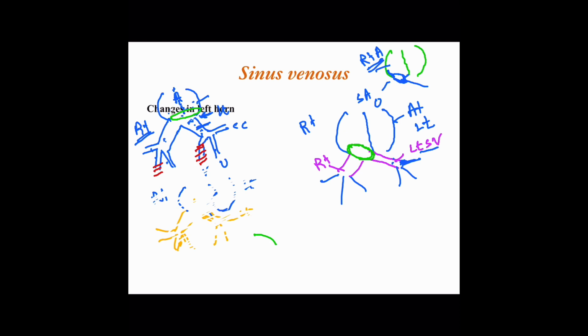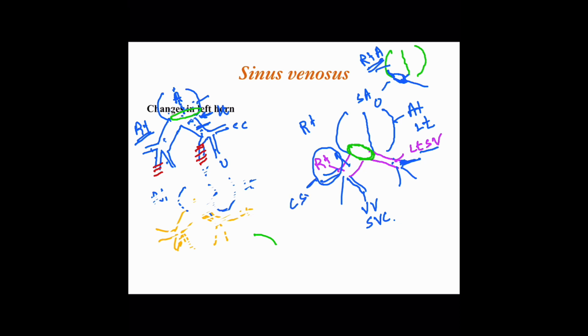The right vitelline vein will ultimately form part of the superior vena cava. The left horn of the sinus venosus, along with the left common cardinal vein, will form the coronary sinus. So these two will form the coronary sinus.